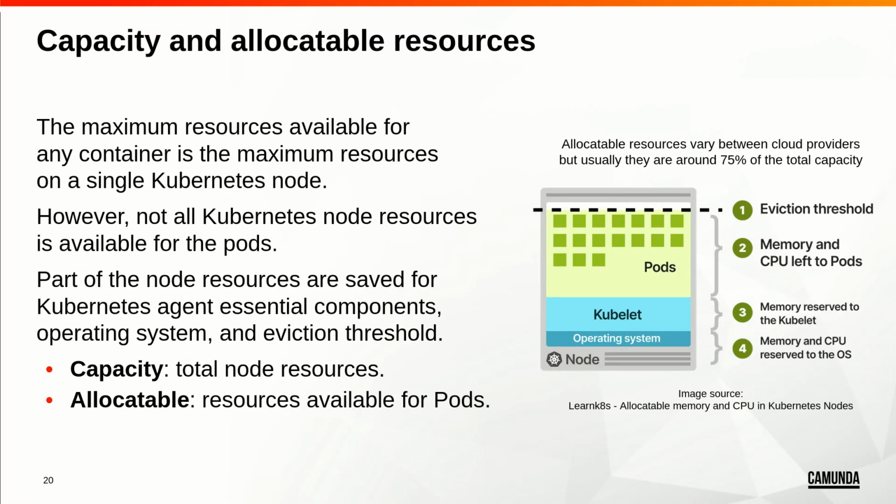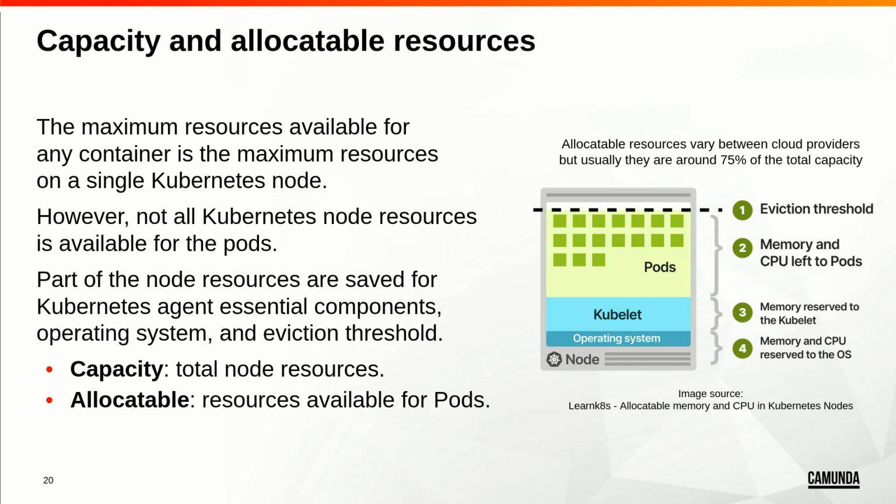Now, one more important aspect of resource management in Kubernetes, what's so-called capacity and allocatable resources. As mentioned before, a Kubernetes node is the source of resources for the cluster. That means the maximum resources available for any container is the maximum resources available on one single Kubernetes node.